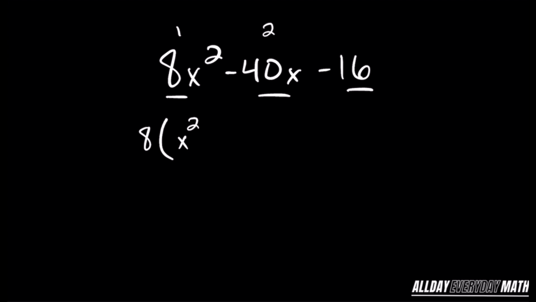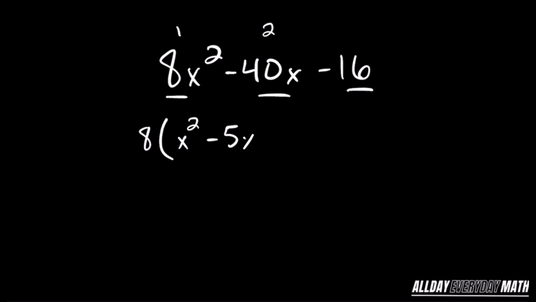Next term. 8 times what would give us negative 40x? So 8 times negative 5 would get us to negative 40. And then we need to have that x in our term, so we're just going to put x.